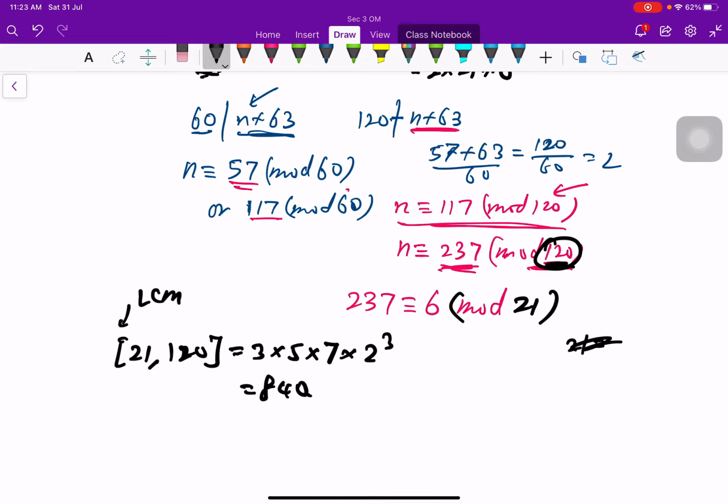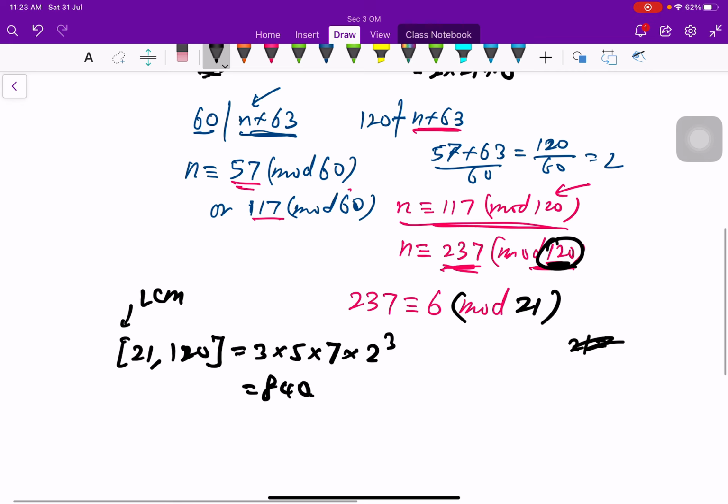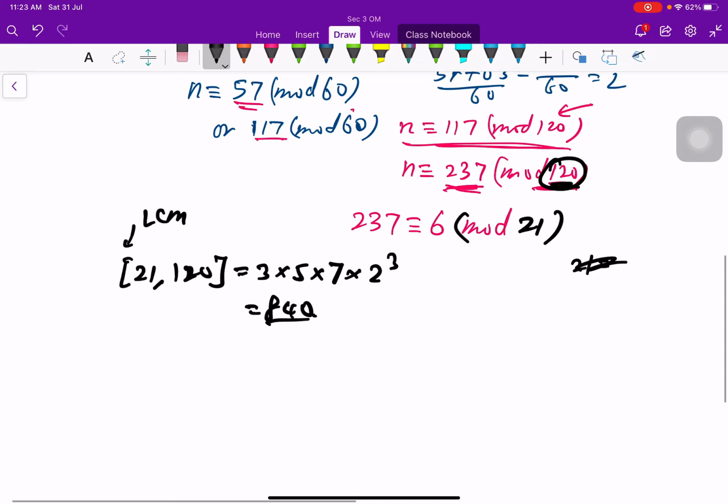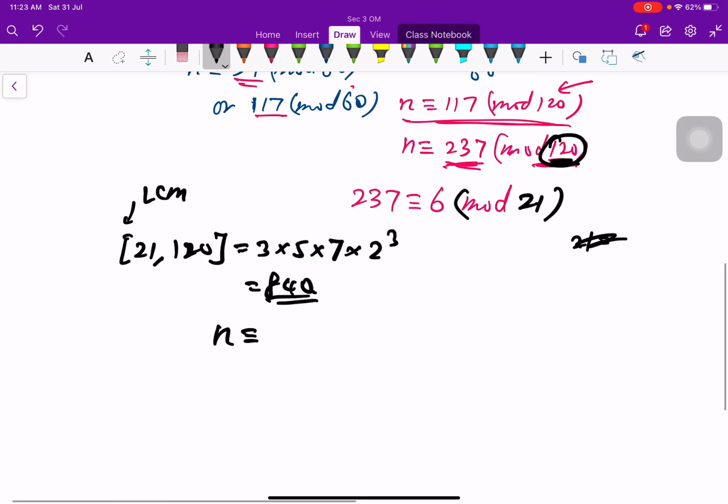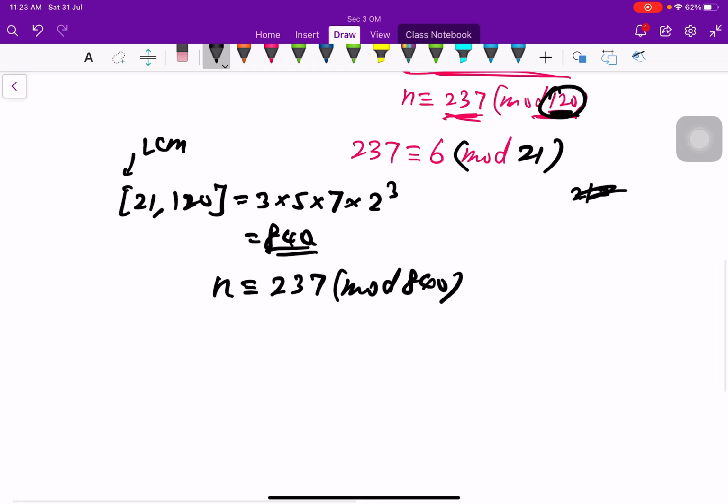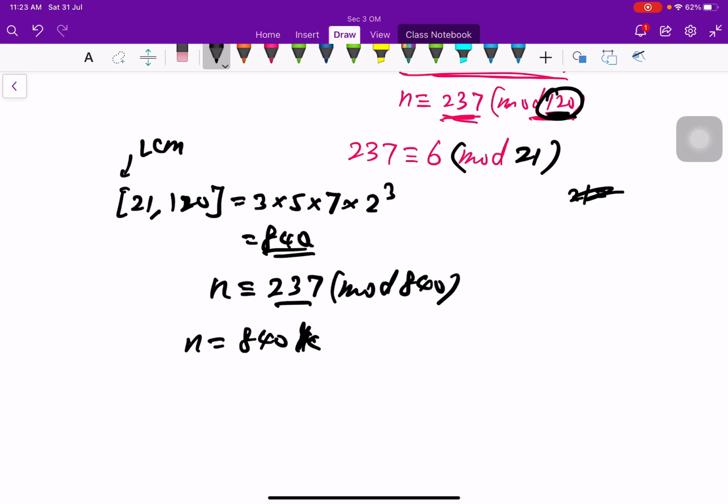Therefore, in this case, we are looking at 840, and I can say that n is congruent to 237 modulo 840. And when I write like this, it means that n is equal to 840k plus 237, because that means it's a multiple of 840 plus 237.